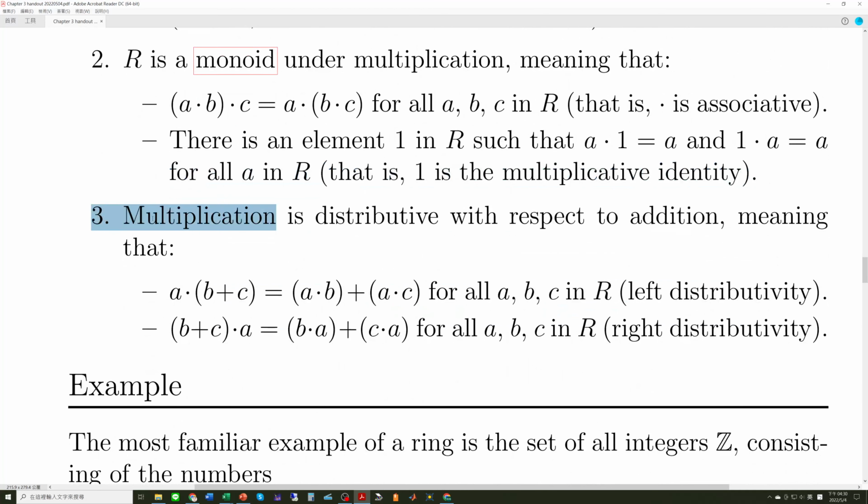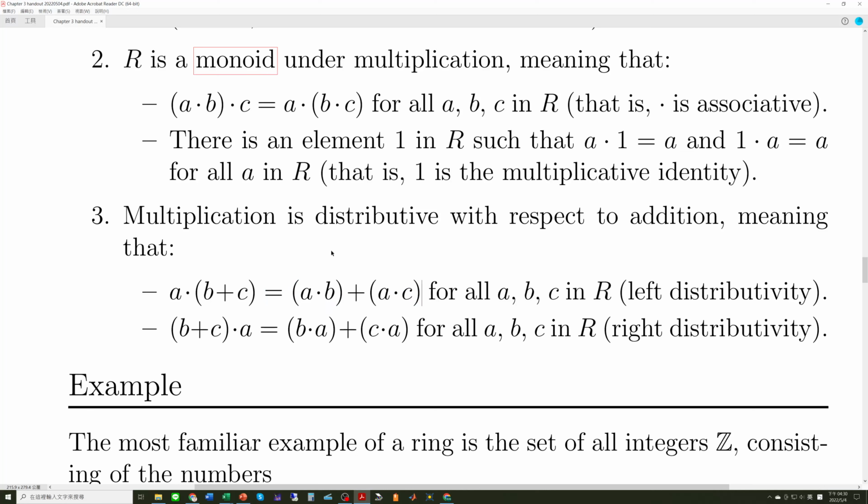Third, multiplication is distributive with respect to addition, meaning that, first, A dot (B plus C) is equal to (A dot B) plus (A dot C).